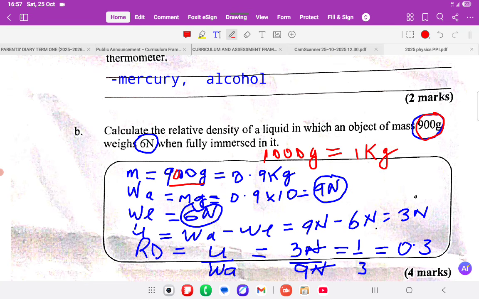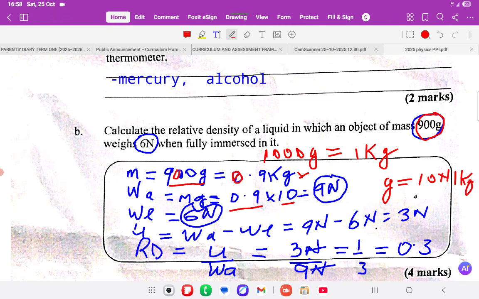That means to convert 900 grams to kgs, you simply divide 900 by 1,000 to give us 0.9 kgs. And then supposing that you weigh this body in the air, its weight in air is simply going to be mass times gravity, in this case 0.9 kgs times 10. We assume that we took g to be equal to 10 newtons per kilogram.